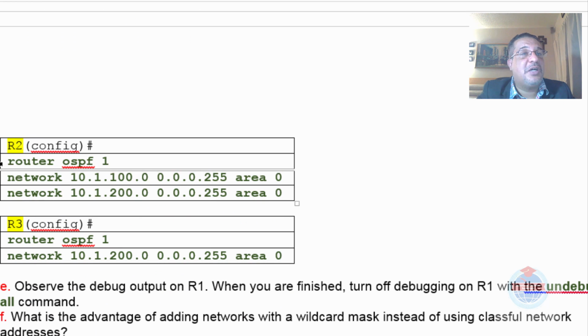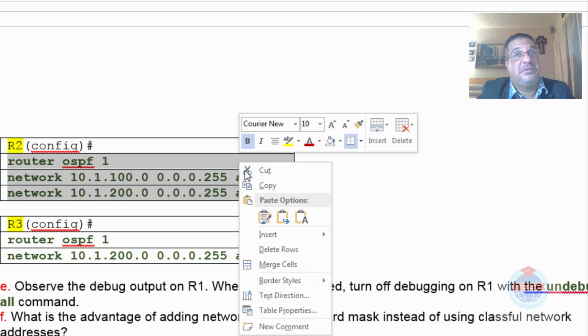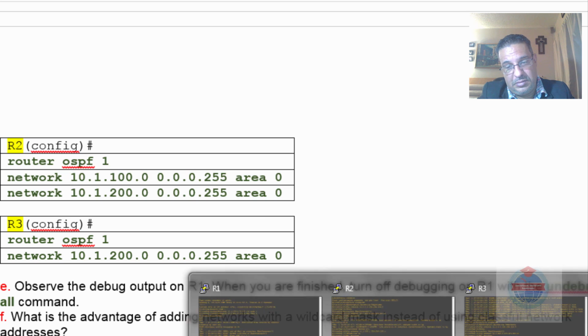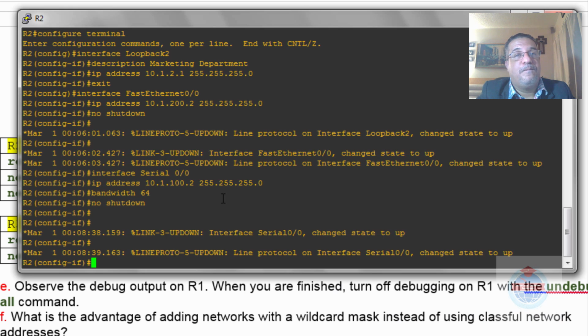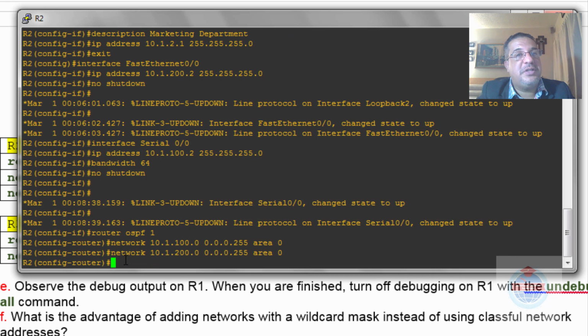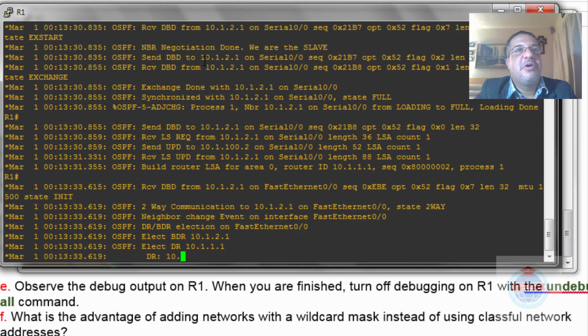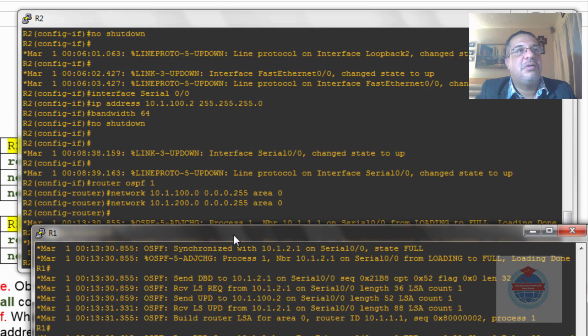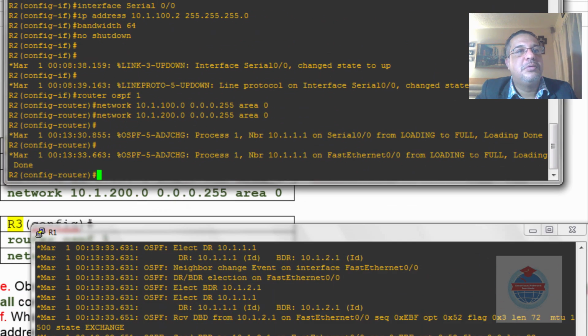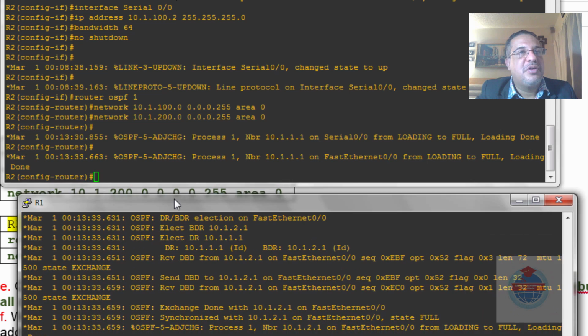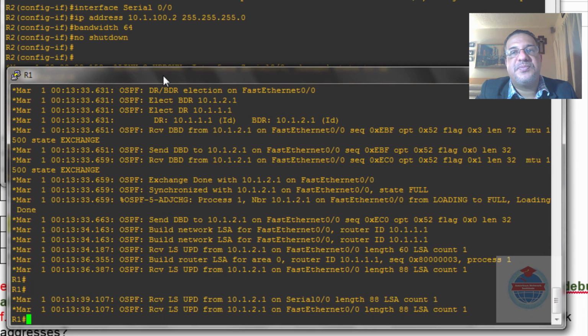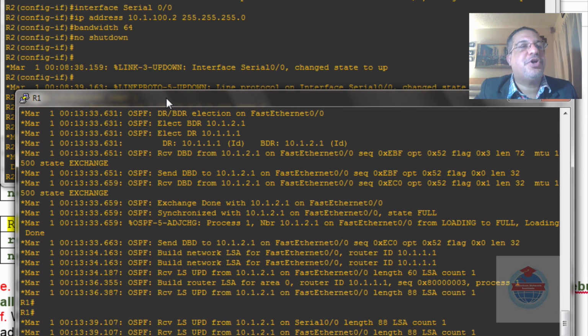And now on R2, we're gonna do the similar process. And when we do this, let me show you something very interesting. What's gonna happen on R1 as well and R2. Each one is recognizing each other.